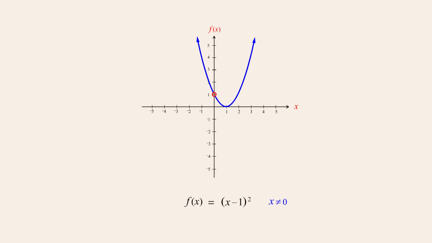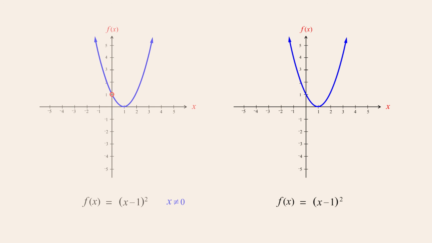This is necessary since if x over x were eliminated without excluding 0 from the domain, the graph would no longer have a hole. Although the hole may not seem important, the same function with a different domain is considered to be a different function.